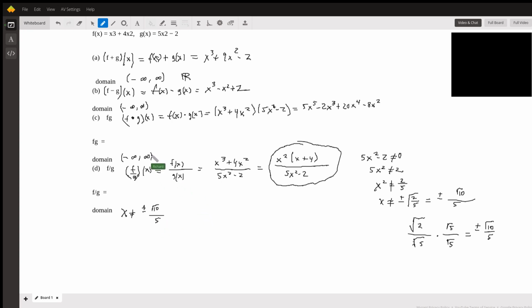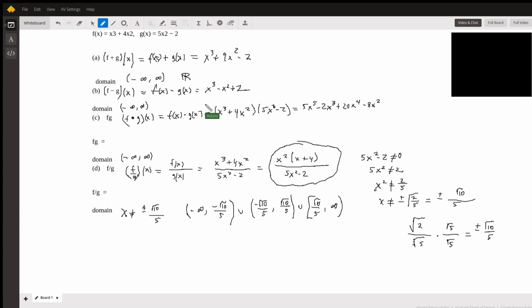But if the teacher insists on interval notation, we would just go from negative infinity to negative root 10 over 5, union negative root 10 over 5 to positive root 10 over 5, union positive root 10 over 5 to infinity.